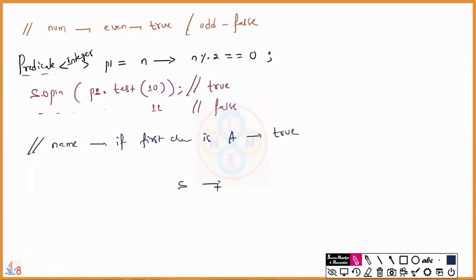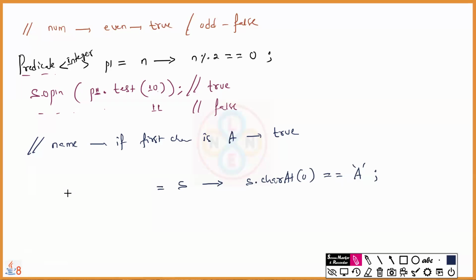How to get the first letter of the string? Yes, string reference dot charAt method with index number 0, which returns the first character of the string. Then what is it supposed to be? Double equals to compare, and it should be a character comparison, that is 'A' in single quotes. Now take a string, get the first letter. If it is A, then return true, otherwise return false.